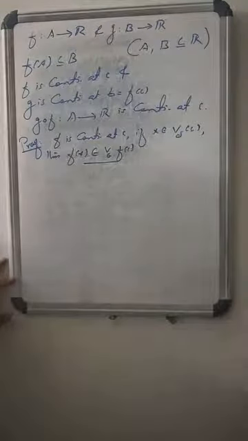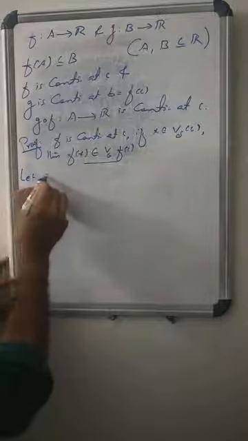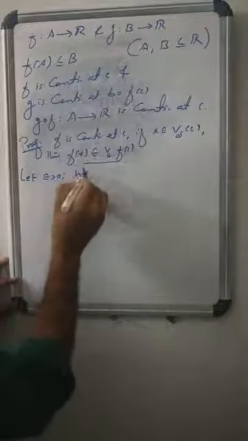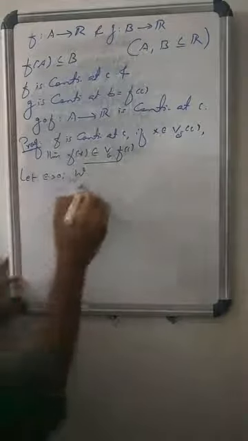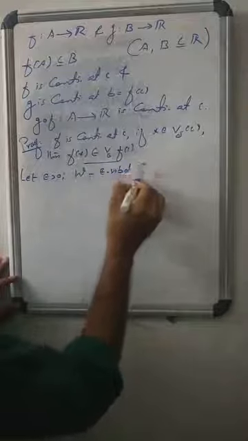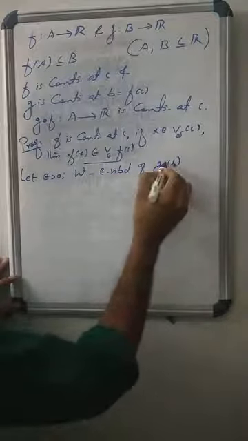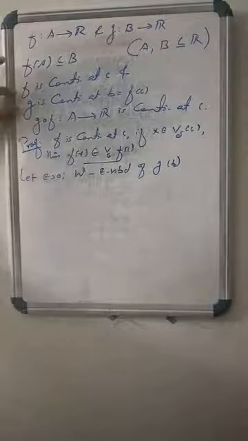So here, let epsilon be positive, and let W be the epsilon neighborhood of g(b). Then, given g is continuous, it is the hypothesis that g is continuous at b.